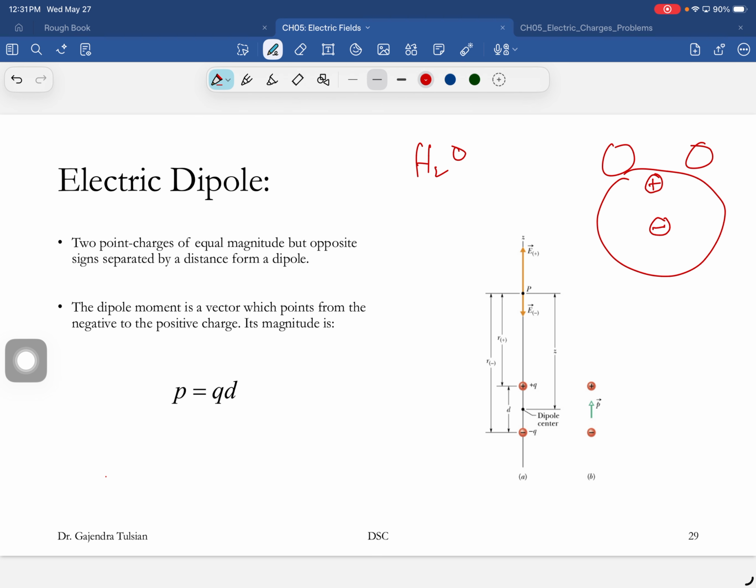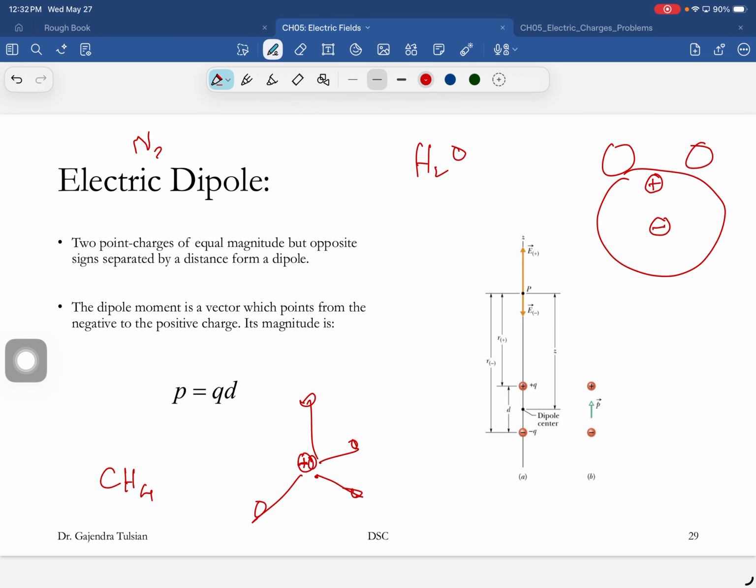For a methane molecule, there's the carbon, it's a pyramidal shaped molecule, and the centers of positive and negative charges are right on top of each other.